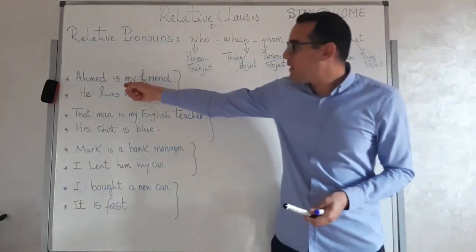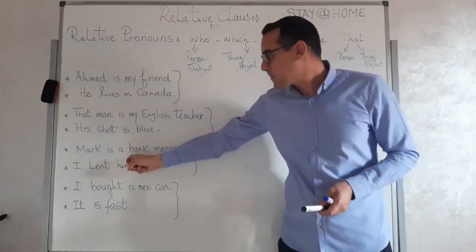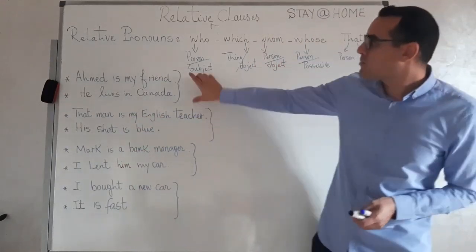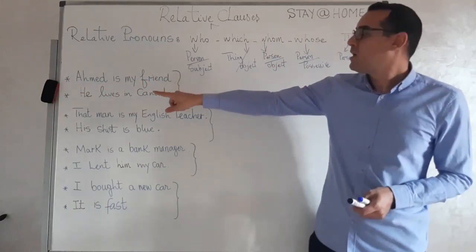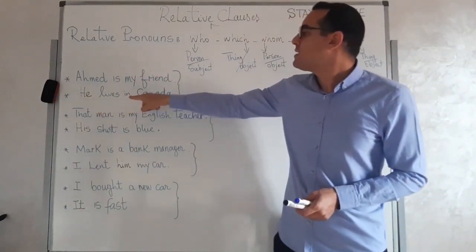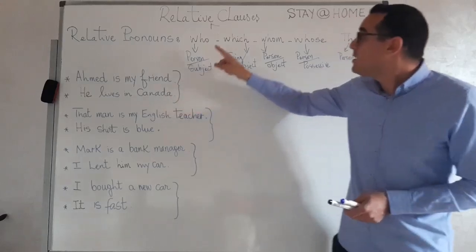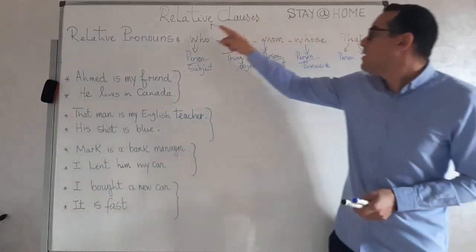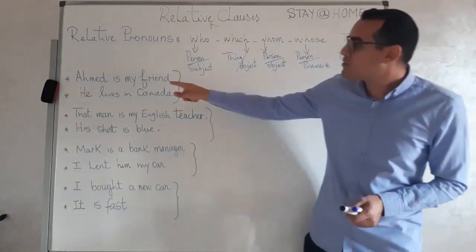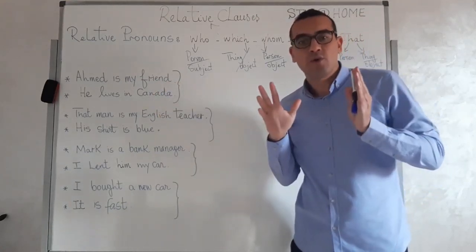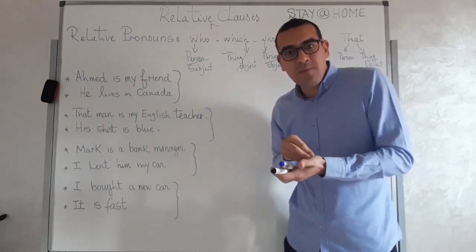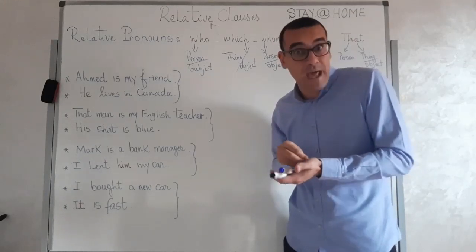Let's have a look at the following sentences. We will try to read them. We have: Ahmed is my friend. He lives in Canada. These relative clauses are used in order to join these two sentences so as to avoid repetition of the same subject or noun.